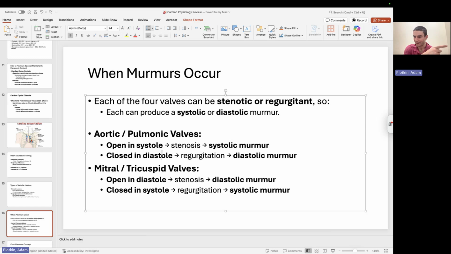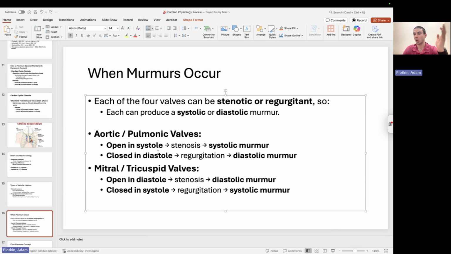But I'm hearing a murmur in systole, so it's got to be stenosis. If I'm hearing a murmur over the right upper sternal border, second intercostal space, and I know it's systole, it's got to be stenosis, because the valve should be open. So open in systole, the aortic and pulmonic valves: if it causes stenosis, it's a systolic murmur.